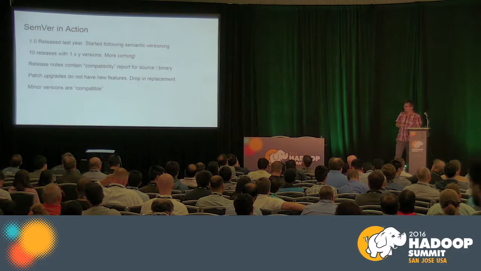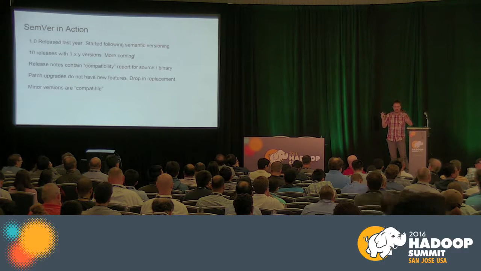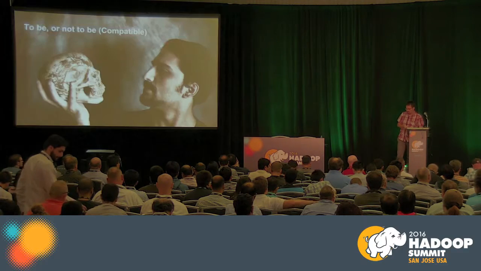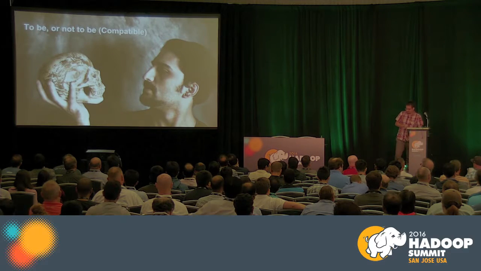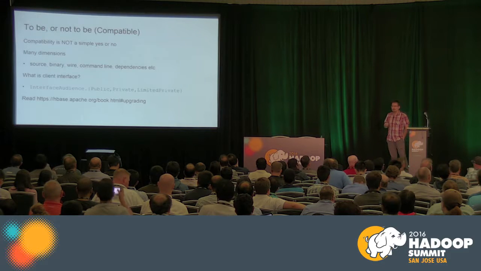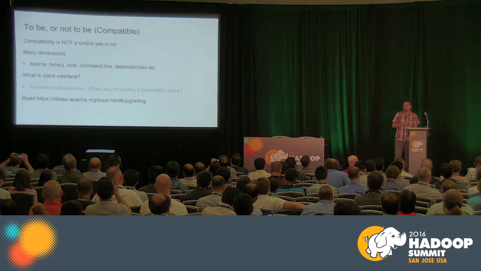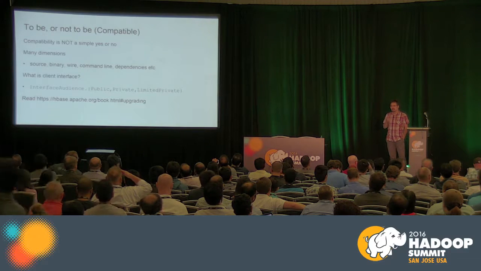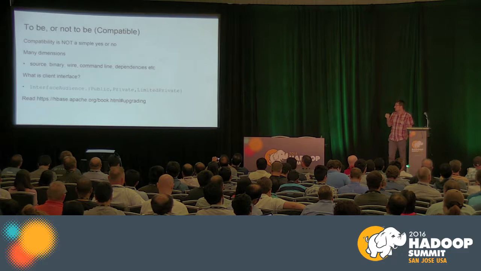And another promise of semantic versioning is that minor versions are compatible, but the compatibility, as we will cover, is not a yes or no decision. So, to be or not to be compatible. Unfortunately, everybody asks, especially users or our clients, whether 1.1.x is compatible with 0.98, or 1.1.2 is compatible with 1.1.something.